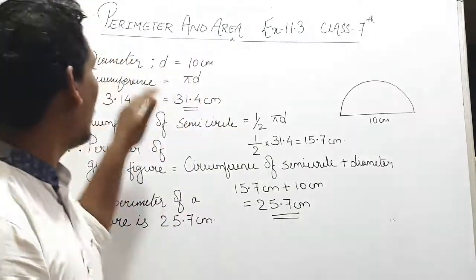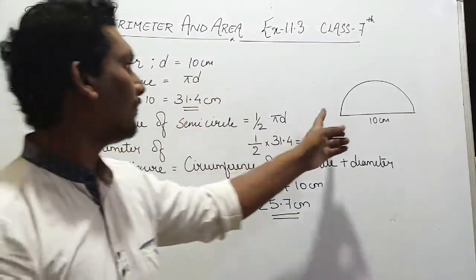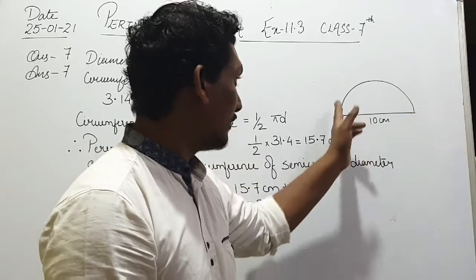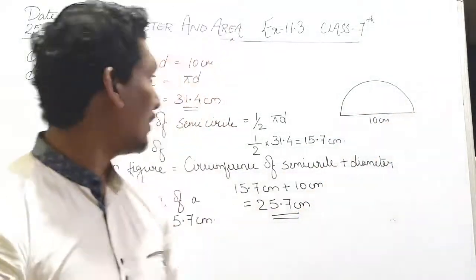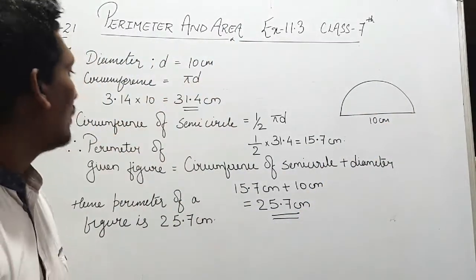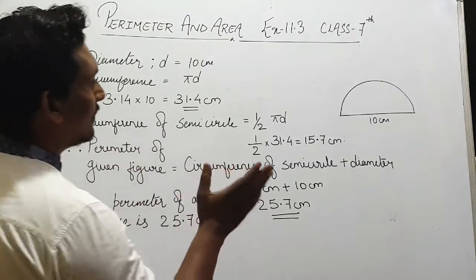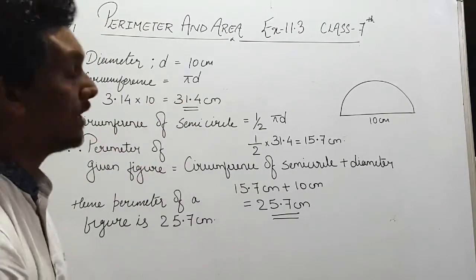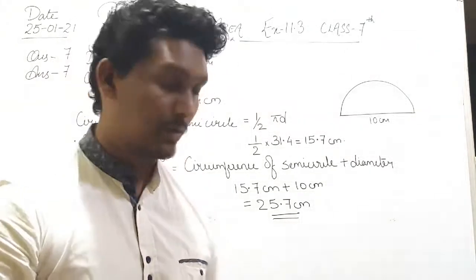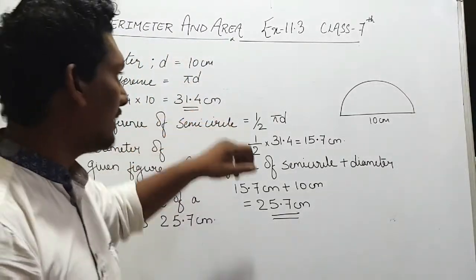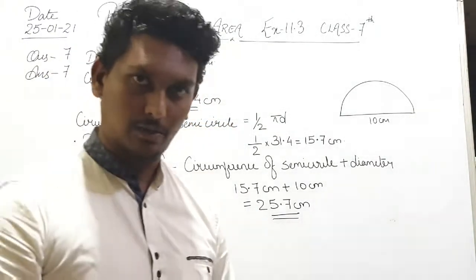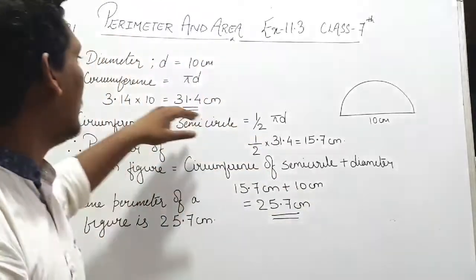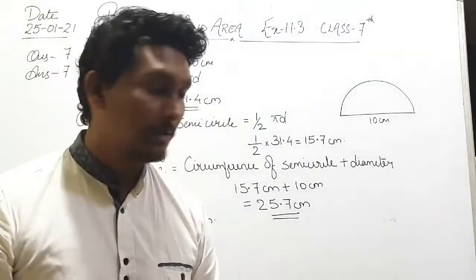So the formula for finding the circumference when the diameter is given is pi d. The value of pi is given as 3.14 multiplied by 10. So you will get 31.4 centimeter. This is the circumference of a circle, not a semicircle.